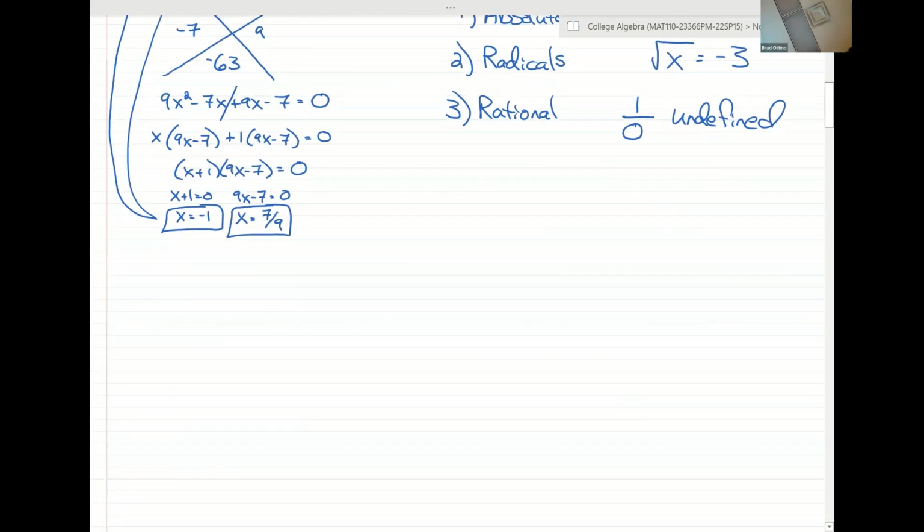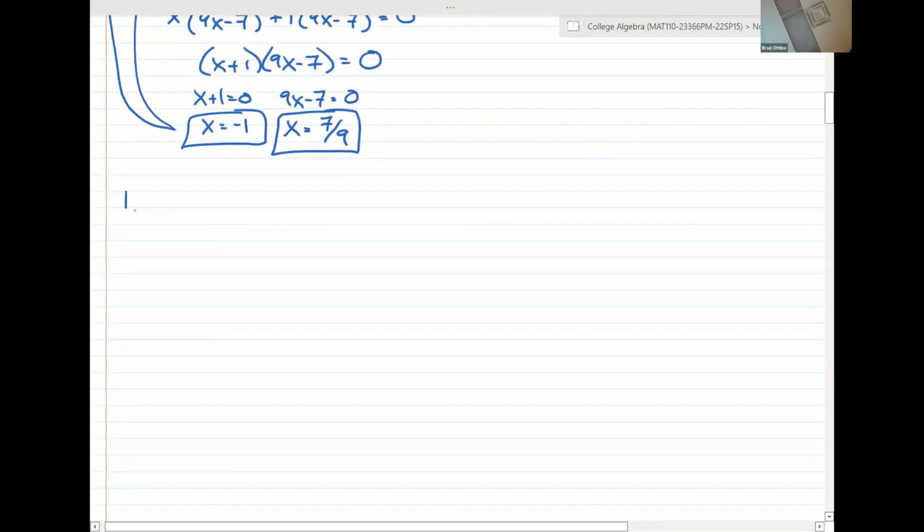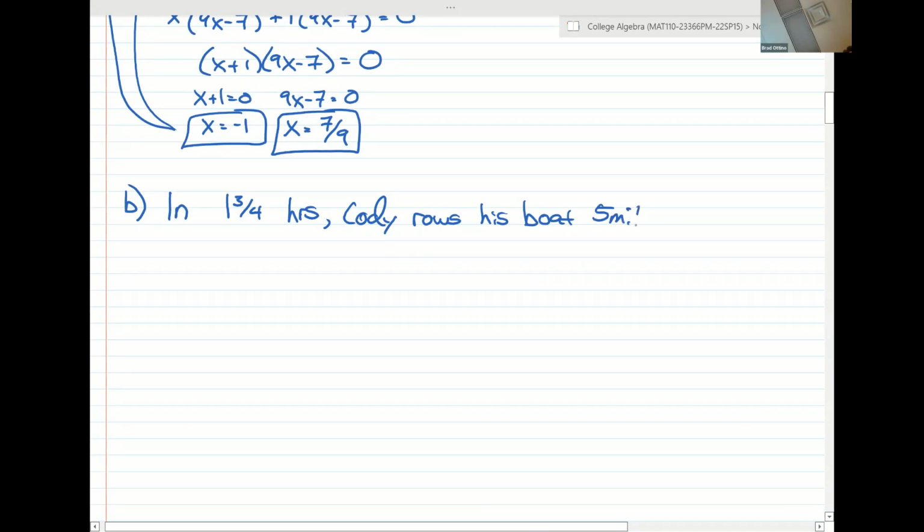All right, let's move on to our second example. And the second example is a word problem. It says, in 1 3/4 hours, Cody rows his boat 5 miles upriver, and then back.